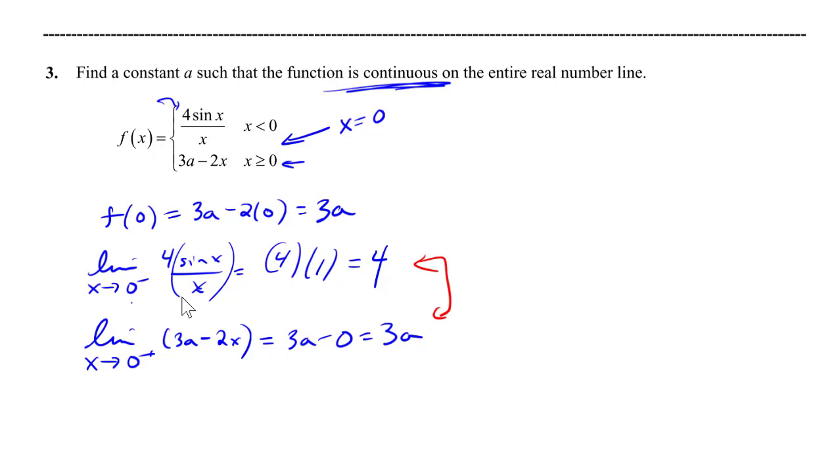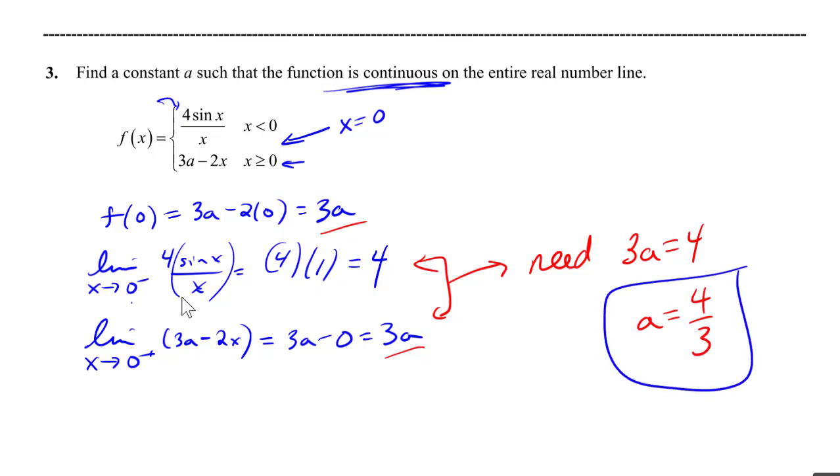And because it's equal to 3a, and there's 3a, it will all work out to be continuous. So I need 3a equals 4. In other words, I need a equals 4/3. That will ensure that the function is continuous on the entire real number line.